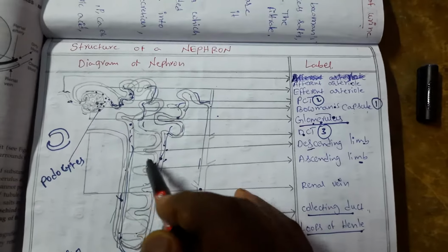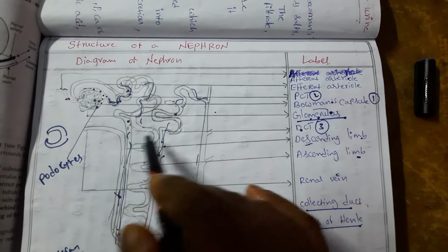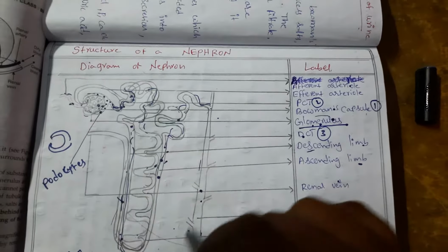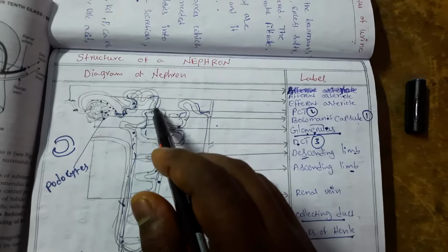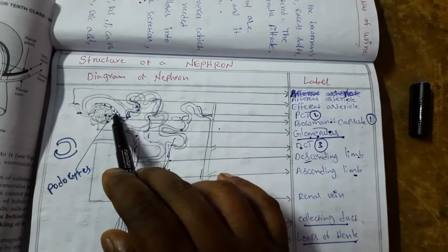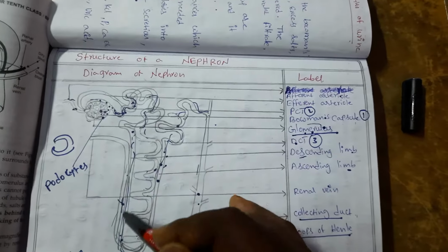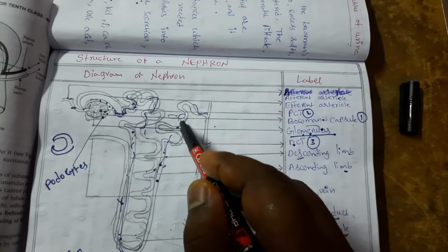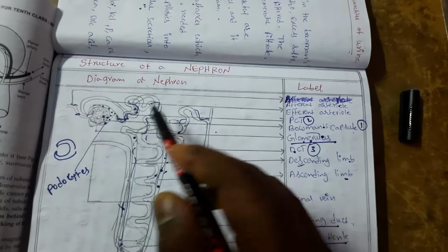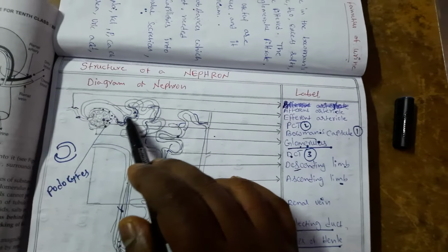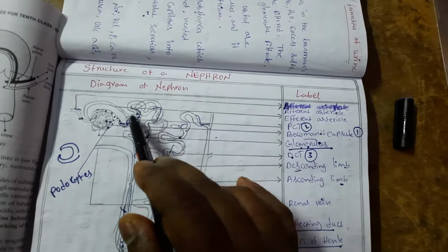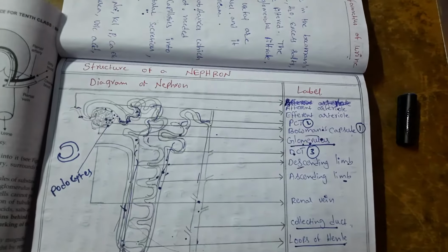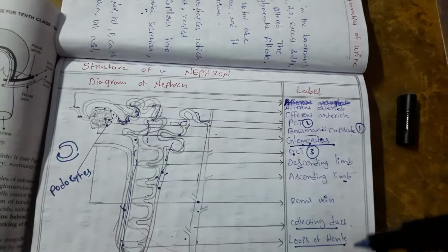A number of very fine blood capillaries cover the nephrons. These nephrons are connected to the Bowman's capsule, PCT, loop of Henle and DCT. When the waste materials enter the PCT, the blood capillaries reabsorb the useful salts.